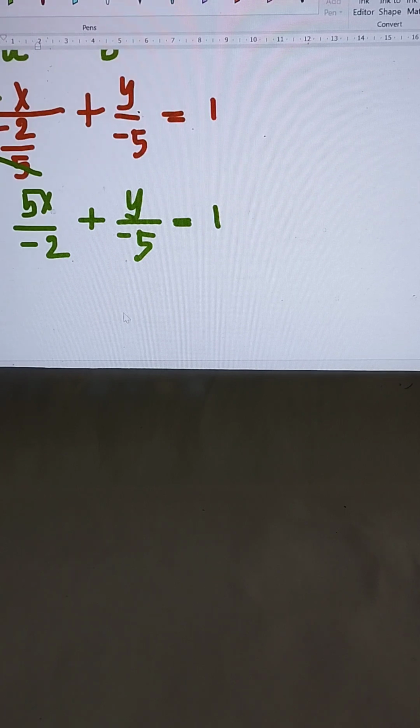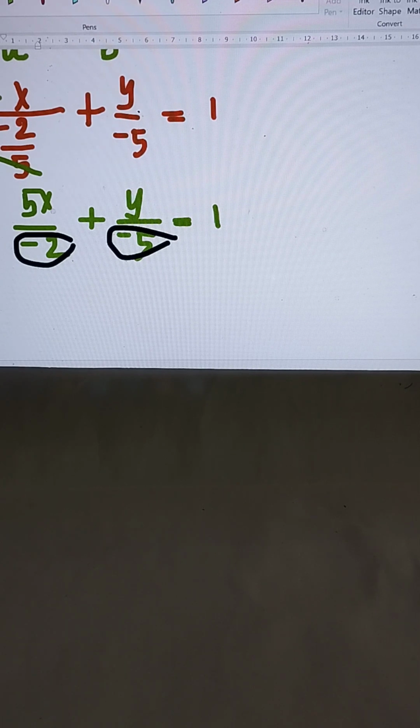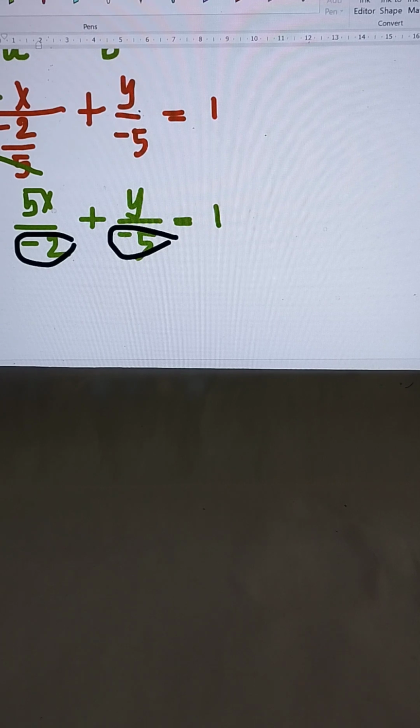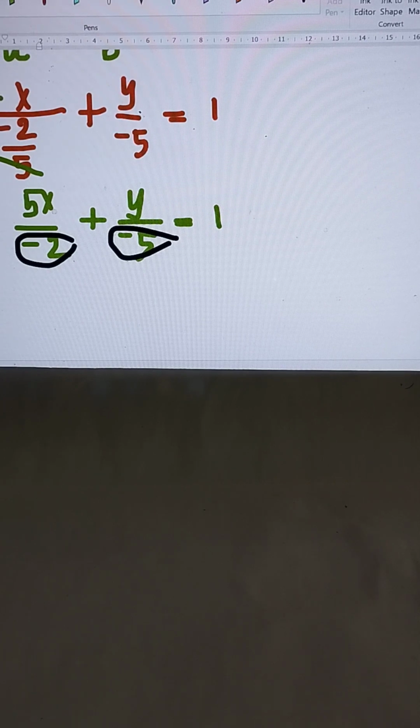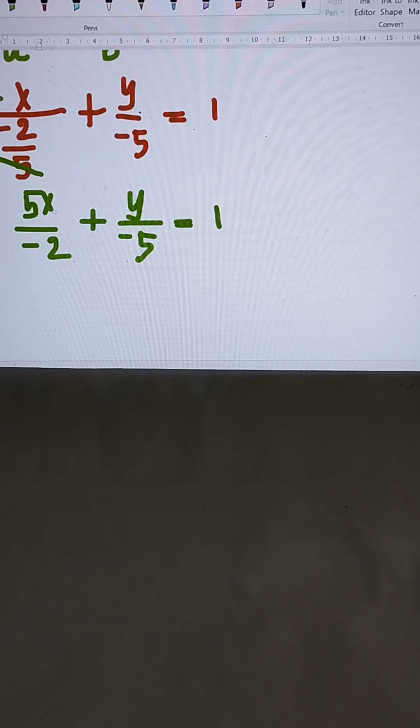To remove the fractions here, we multiply both sides of the equation by the LCD. What is the LCD of negative 2 and negative 5? The LCD is simply 10. So multiply the left side by 10, and multiply also the right side by 10.